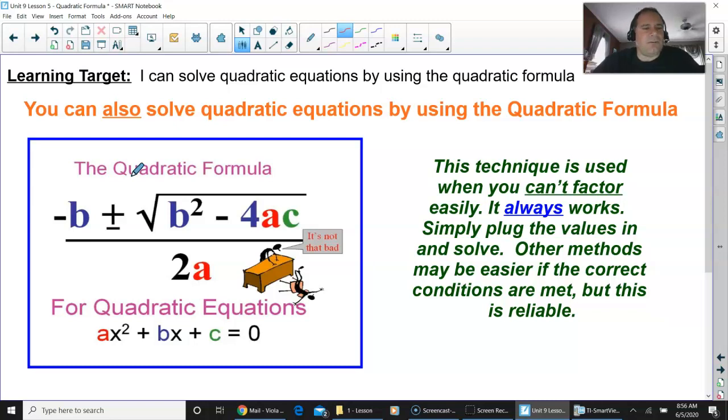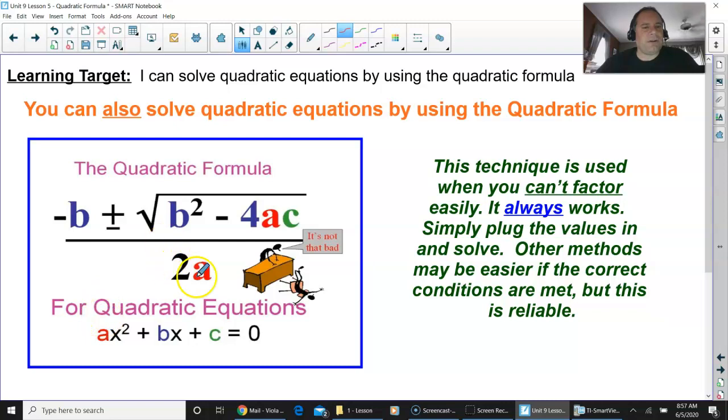All right, so for quadratic equations, remember it has to be in this format: ax squared plus bx plus c. This is standard form for a quadratic. So it always works. You just have to substitute the values in and solve. Other methods may be easier, and I would always say to use the calculator, but sometimes they ask you about using the quadratic formula.